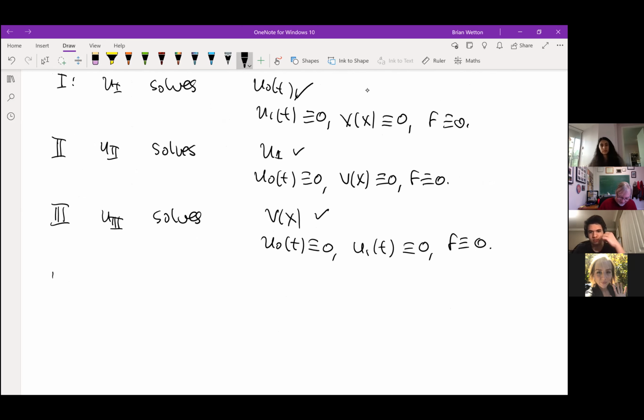And I can have 0 initial conditions and 0 boundary conditions and only have the data.